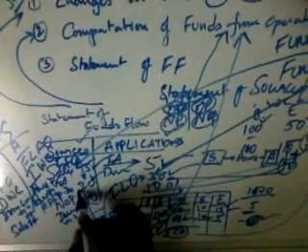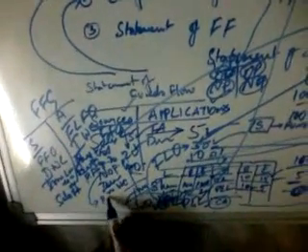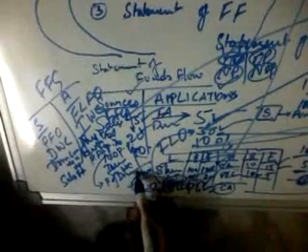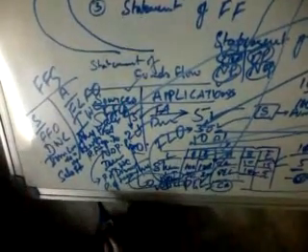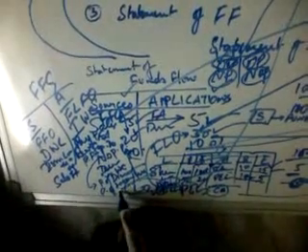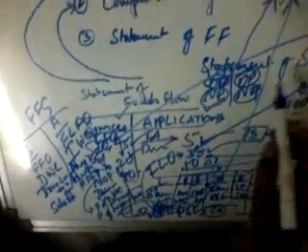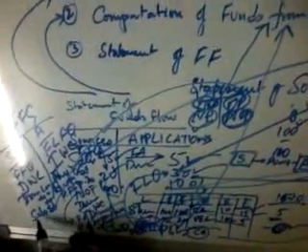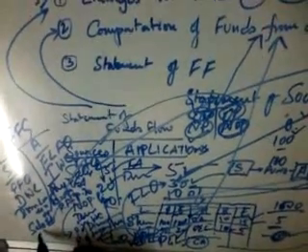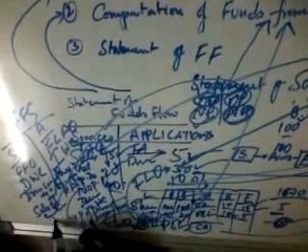Non-operating payments means, for example, payment of dividends, payment of taxes, and some other non-operating payments. If it is a non-operating income, again we place it in sources. Non-operating incomes are receipts such as dividends, etc. from our investments.